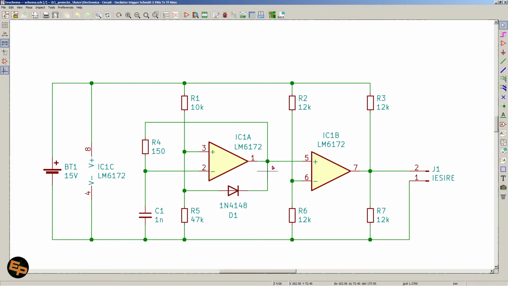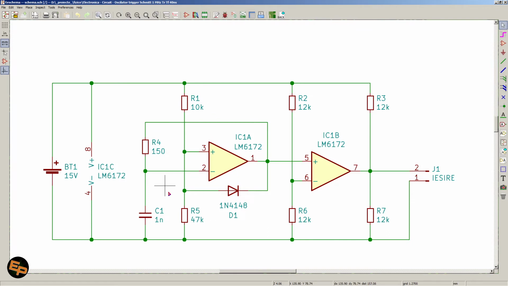So when its output is dragged up high, it will provide current through R4 for this capacitor, which will start to charge, and it will charge until the voltage across it is slightly bigger than the voltage provided by this divider R1, R5.